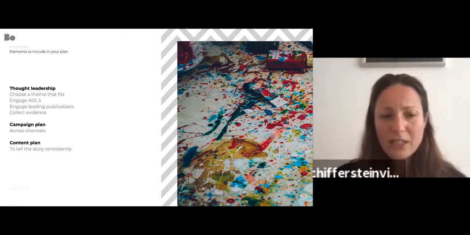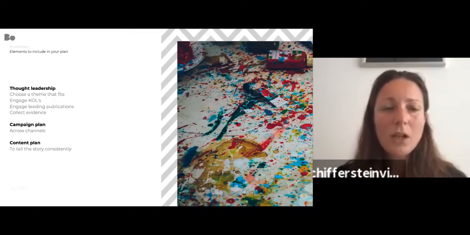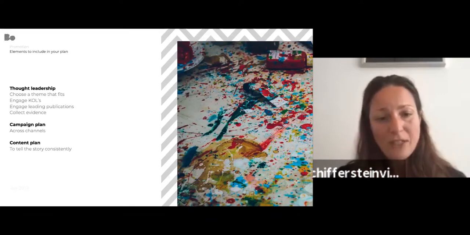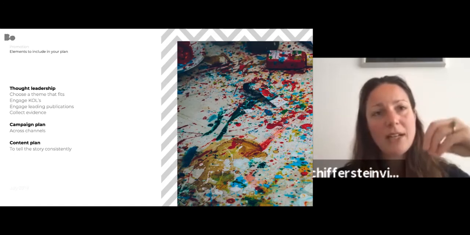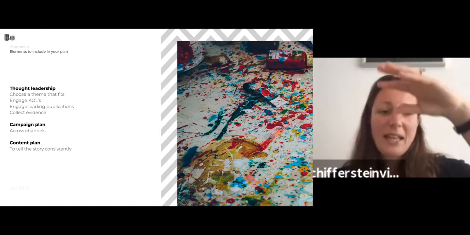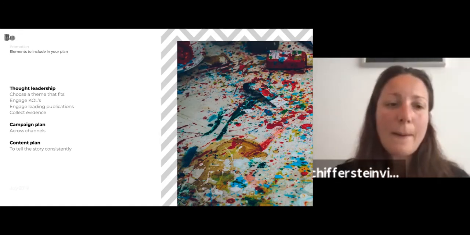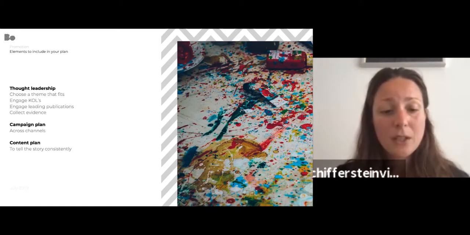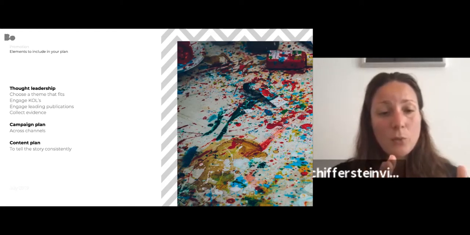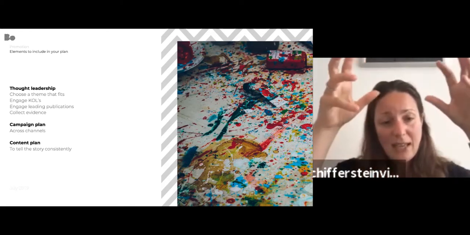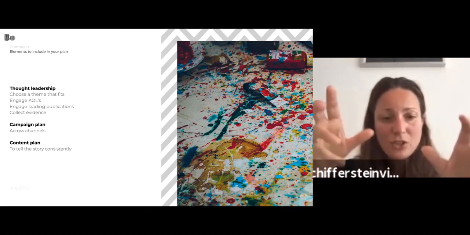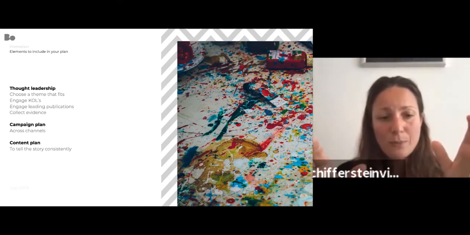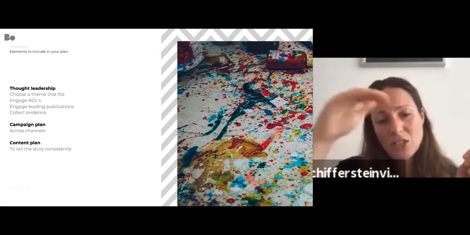So that's one of the examples, but it's quite important to have that. And then once you have that, it really starts to become clear what type of campaign angles you can take. For instance, for this particular company product, we've looked at, okay, if the key pillars are efficiency and learning outcomes, what are the campaigns that we can run?